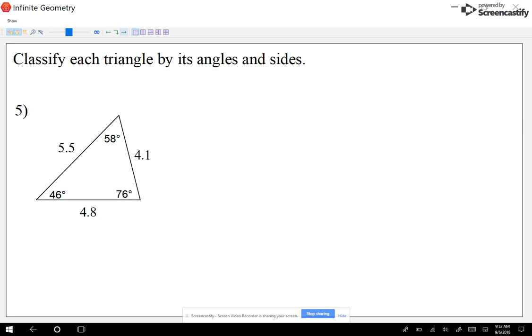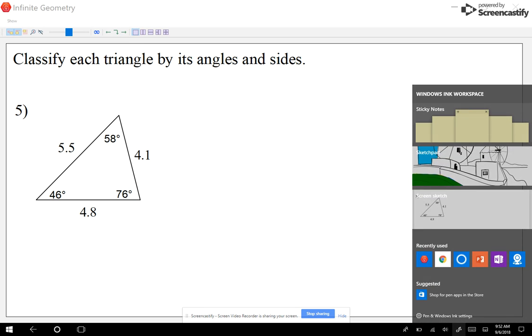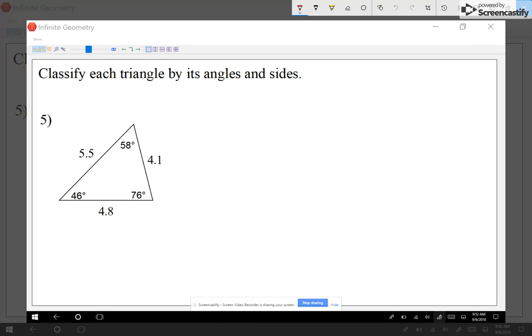Okay. And then here, classify each triangle by its angles and sides. So I'm going to classify it twice. When I classify by angles, I'm looking at the corners, and I'm going to be looking at the biggest number. So in this case, 76. And then I'm looking at what type of angle 76 is, which is a number less than 90. So I'm going to call it acute.